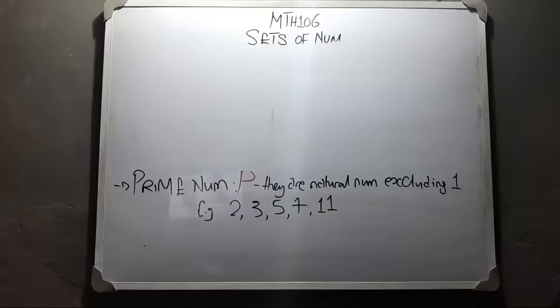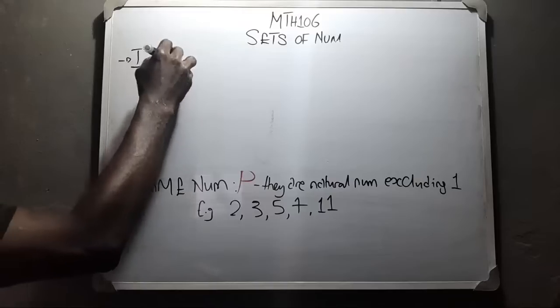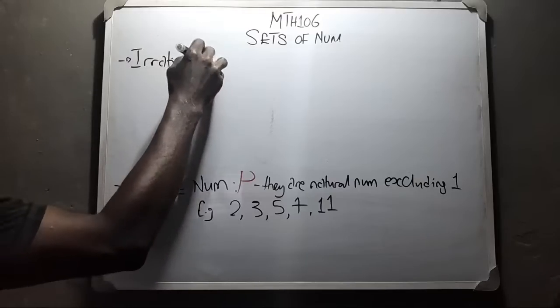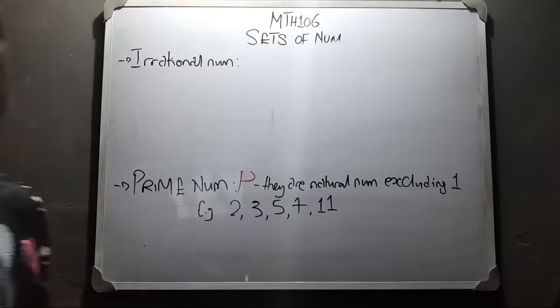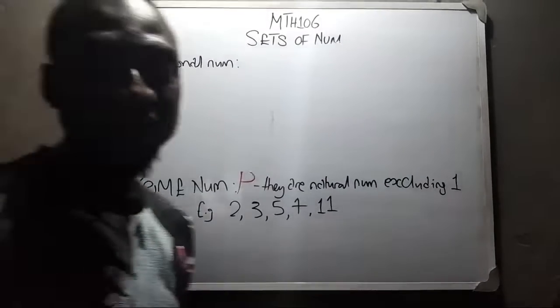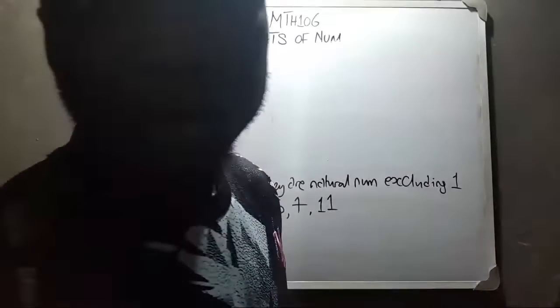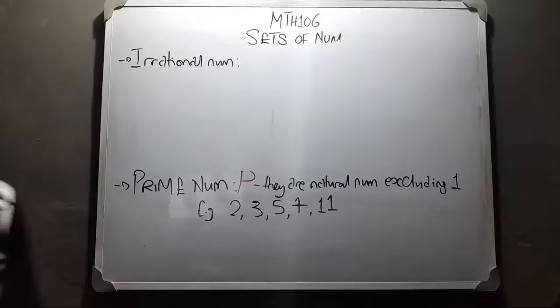Now, let's talk about irrational numbers. Awesome. Yes. Thank you very much, everyone. Awesome. Mr. Onfo, I think I'm seeing that name for the very first time on the stream. It's good to have you on the stream.